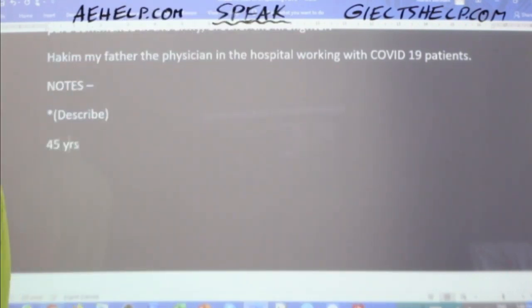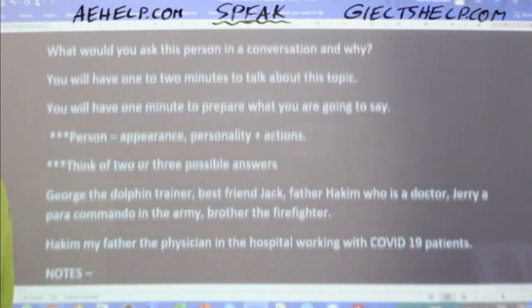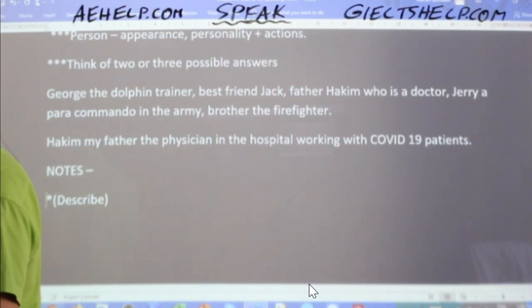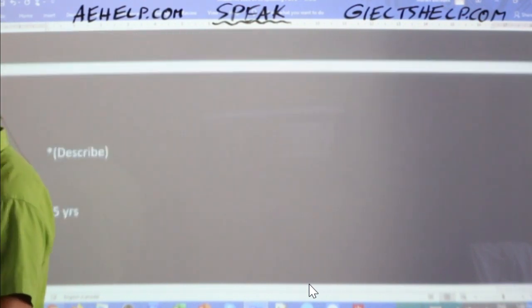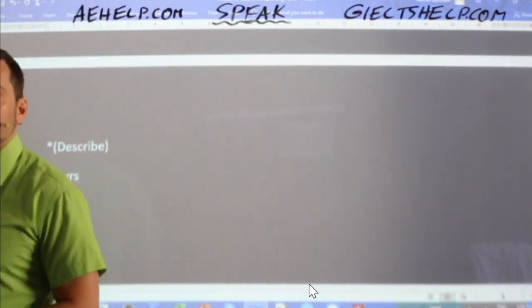You don't even need to write old because you'll get that. Okay, so 45 years. Age is good because age does allow us to somewhat visualize what that person looks like. So age is a smart point to include in the beginning, absolutely. It's a good descriptor.